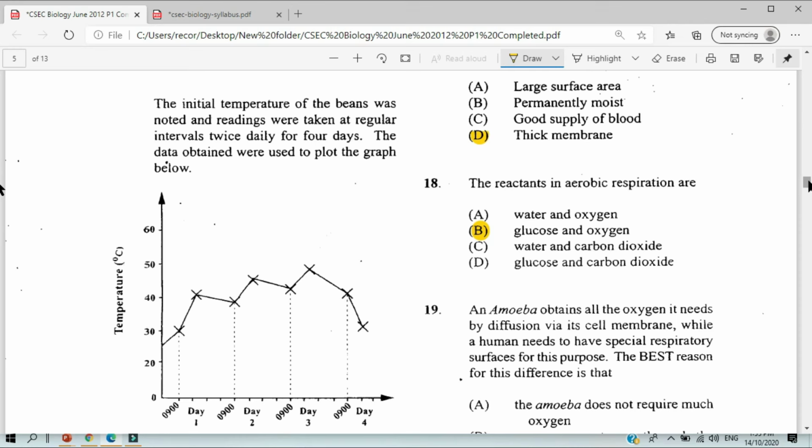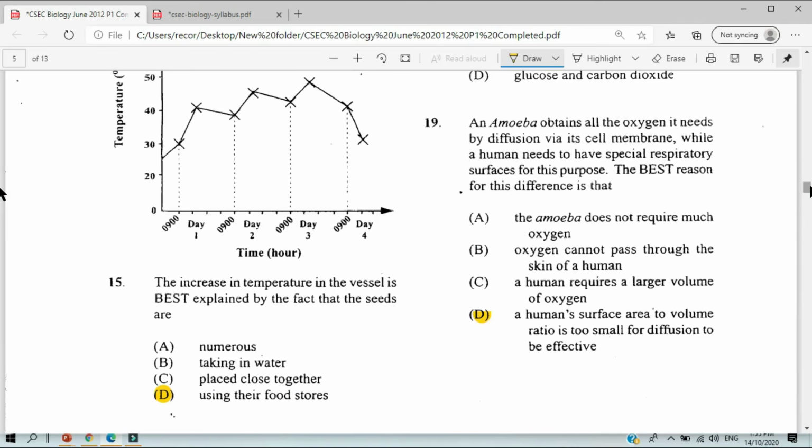Question number 19, the amoeba obtain all the oxygen it needs by diffusion via its cell membrane, while a human needs to have special respiratory surface for this purpose. The best reason for this difference is that D was the answer chosen, and why we chose D, we looked at the surface area to volume ratio.